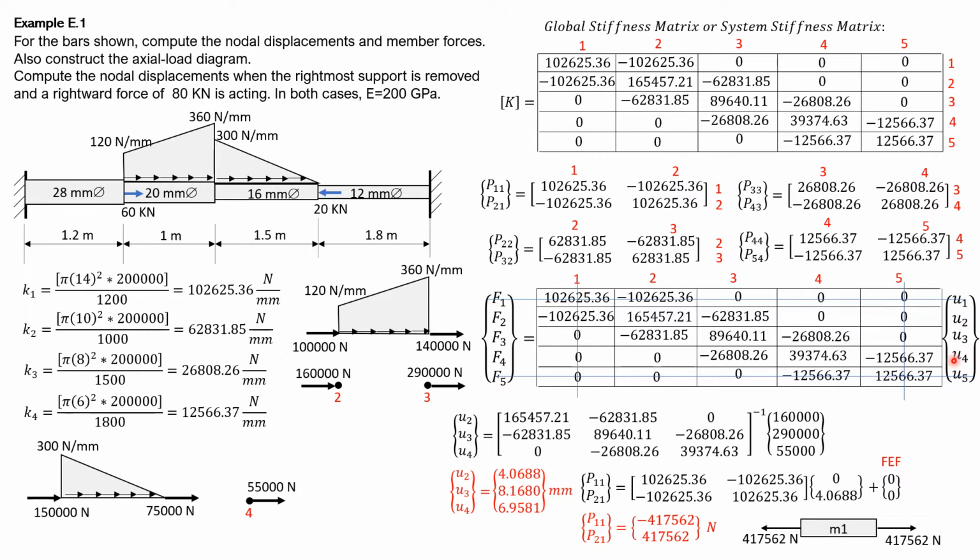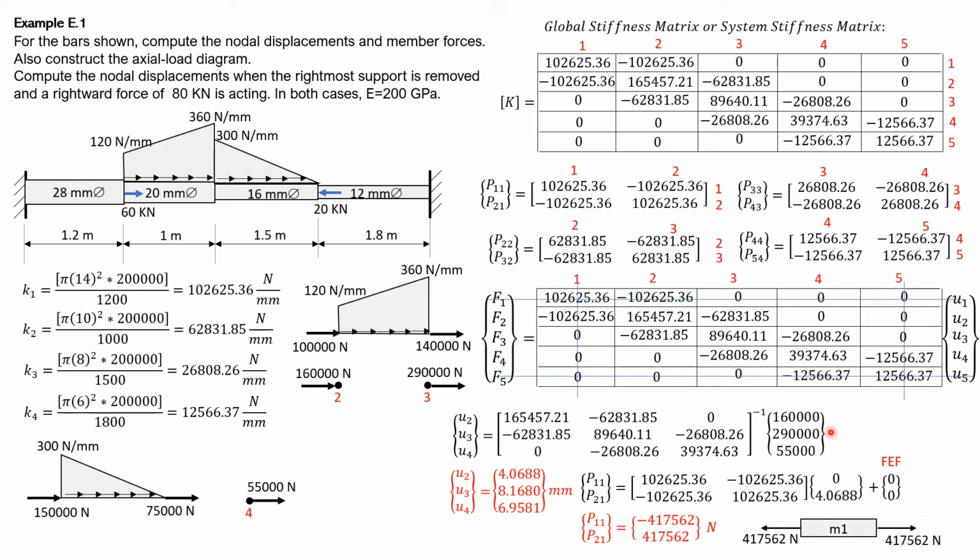Therefore, the displacement matrix is equal to the F2, F3, F4 matrix divided by this stiffness matrix, but division means inverting that matrix. So U2, U3, U4 is the inverse of this reduced 3 by 3 stiffness matrix, times the force matrix, which is 160,000, 290,000, and 55,000.